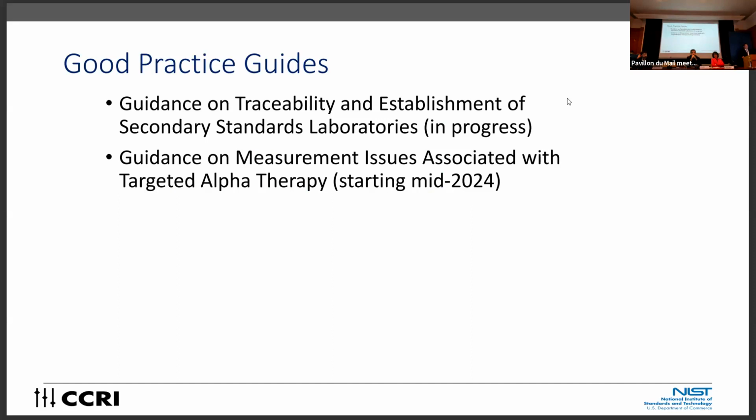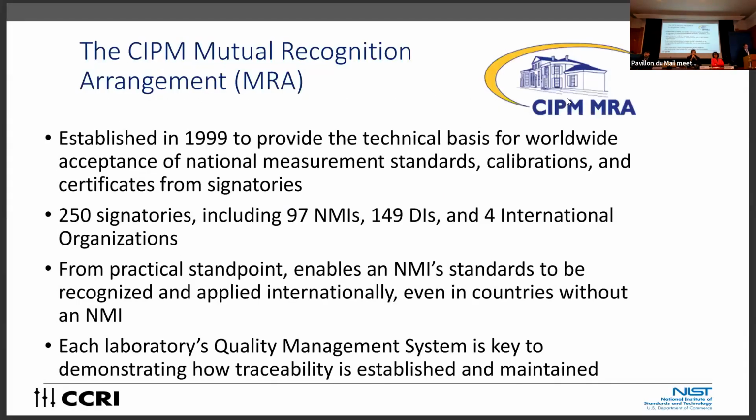That's still in progress. We've sort of been on hiatus while we've been planning this workshop, but we'll be returning to that work shortly after the workshop's over. And then providing guidance on measurement issues associated with targeted alpha therapy. And that's particularly what this workshop is for, to give guidance and input onto what topics we should be including in that document.